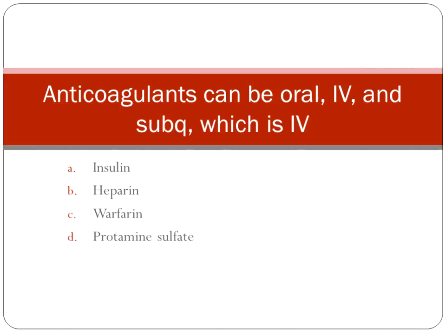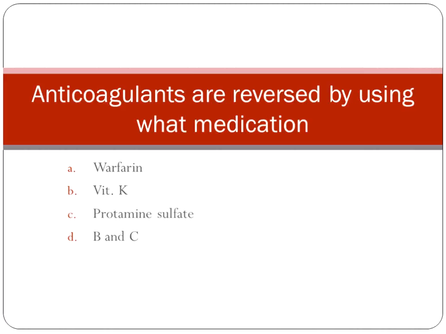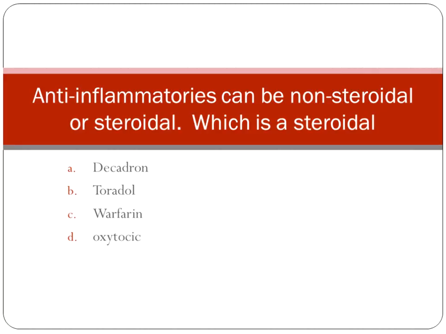Which of them listed below is the one that's given IV? Anticoagulants are reversed by using what medication? Anti-inflammatories can be non-steroidal or steroidal. Which below is the steroidal medication?